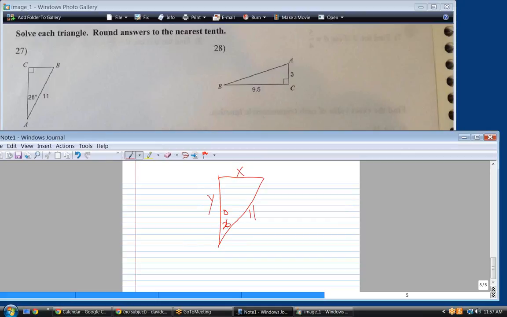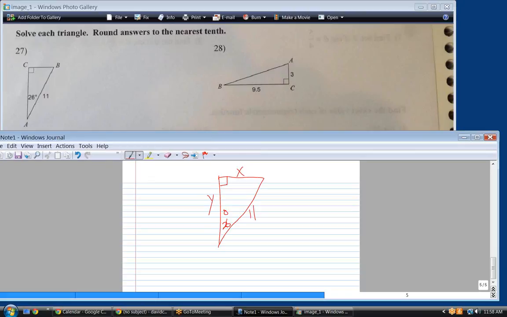So we need to solve for all angles and all sides. Okay. So is it x squared plus y squared equals 11 squared? It is, but that won't help you solve it, notice. You'll end up with one equation and two variables. In other words, we can't use the Pythagorean theorem to solve this.